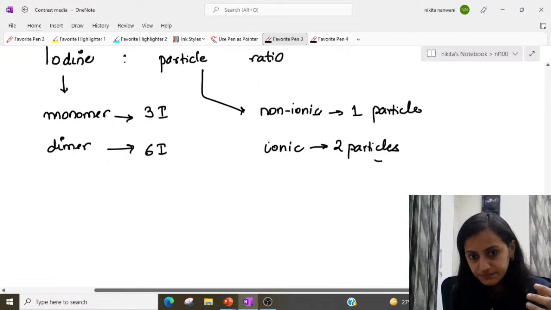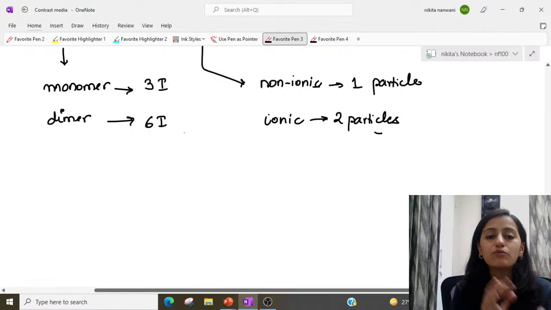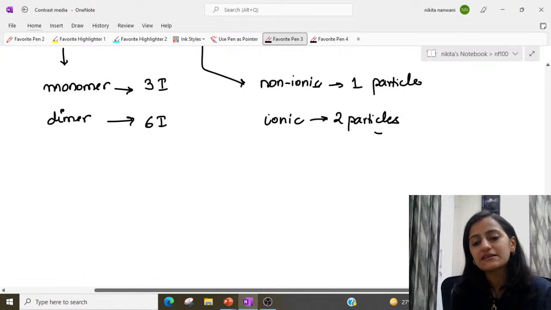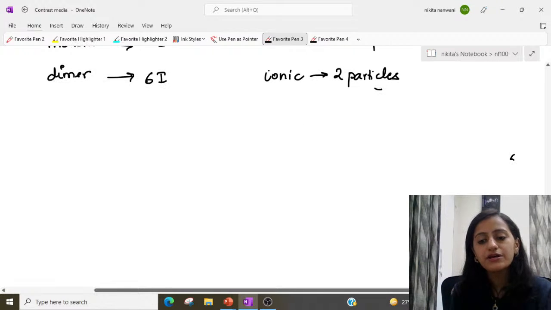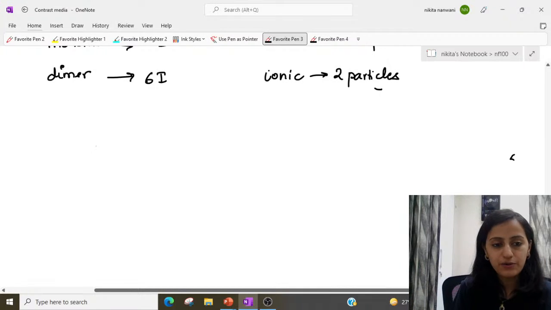So basically iodine is decided by monomer or dimer, 3 iodine, 6 iodine. Particle is decided by whether it is non-ionic or ionic. Ionic ionizes, 2 particles; non-ionic, 1 particle.